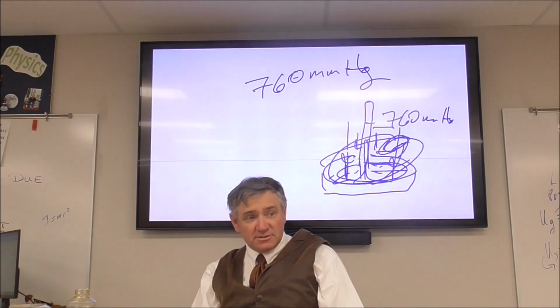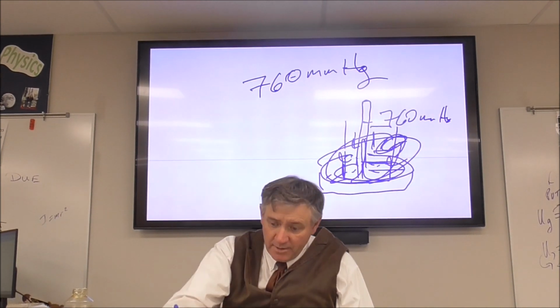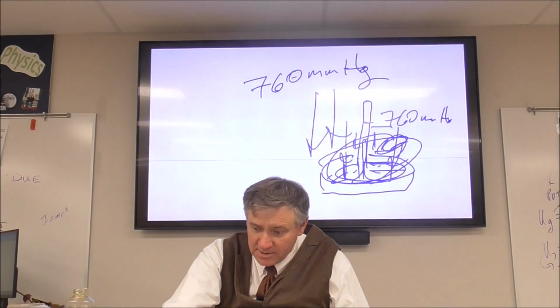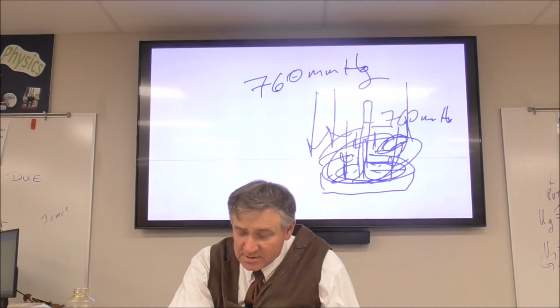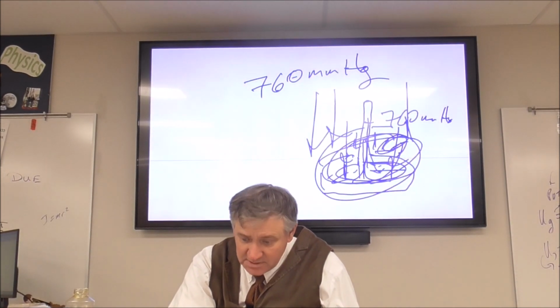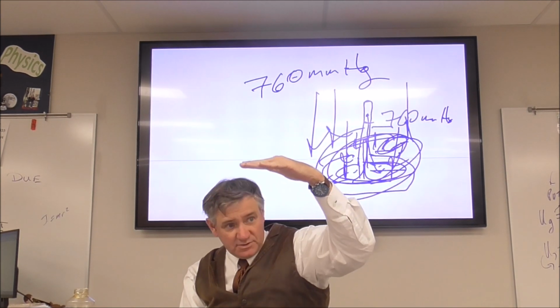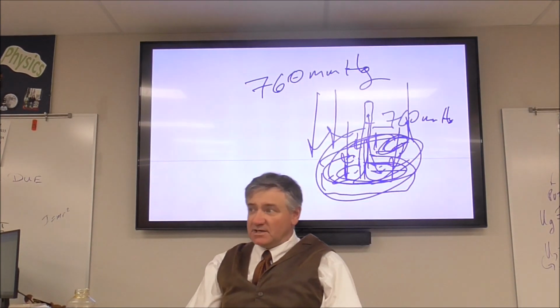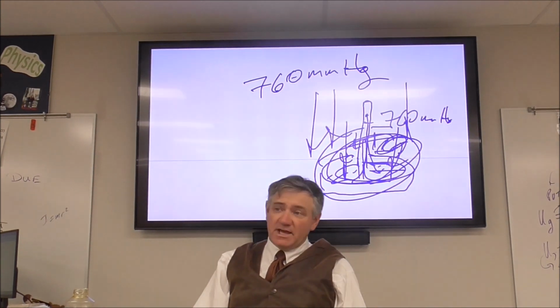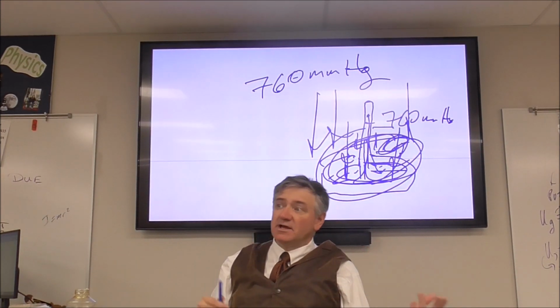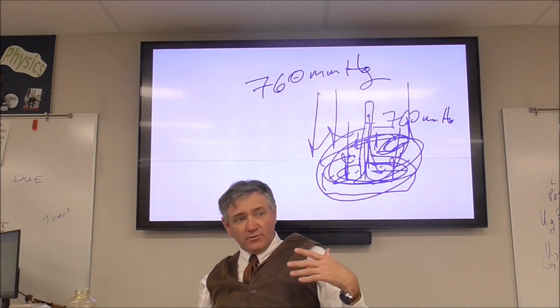Now, if you have a high pressure system where air is sinking, because it tends to be more dense, then as you increase the pressure on that mercury, it would push that column of mercury up into the tube, and this is why we call it high pressure. So if you listen to the weather and they say atmospheric pressure is falling or rising, that was an indicator of weather.